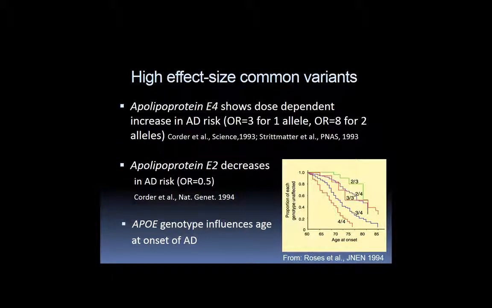In the Colombian kindreds with the Presenilin 1 mutation, there are some sections of that family where they have another APOE variant that's really unusual. I don't know whether it's affecting risk in those families. So the predominant effect of APOE, I would say, is influencing age at onset. And you can see here that people with the highest risk alleles are more likely to have this earlier onset of disease.